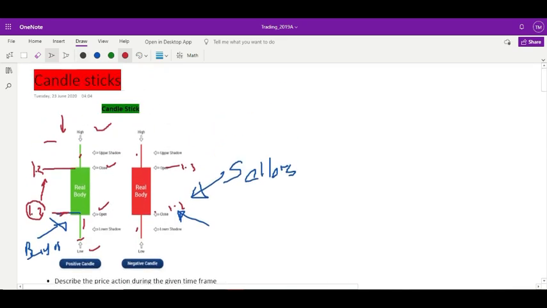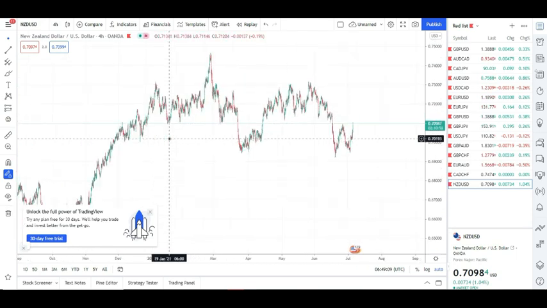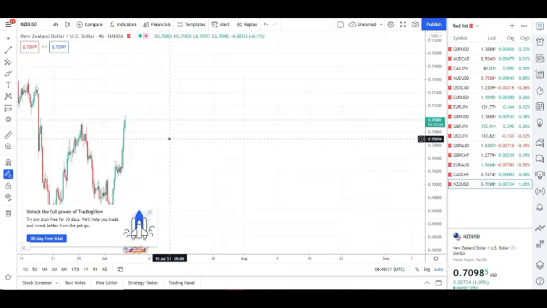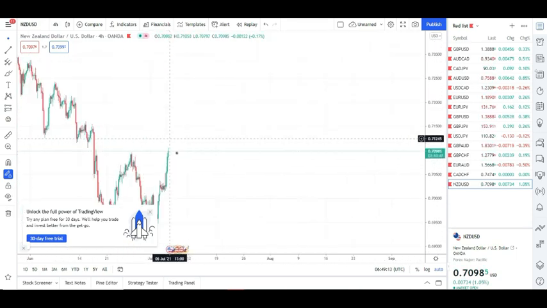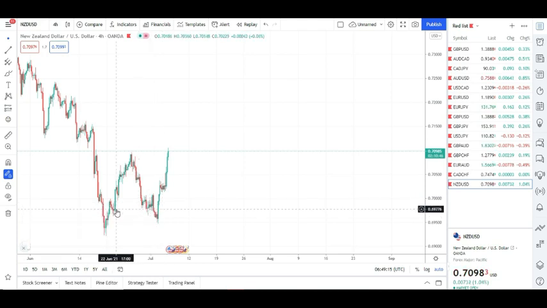If you go to our TradingView, you can see these little things. Let me zoom in. That's what we call candlesticks. You see these little red and green candles that you are seeing on a chart. These are what we call candlesticks, right?